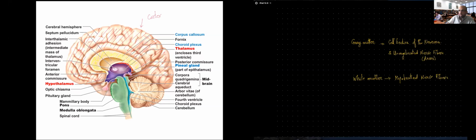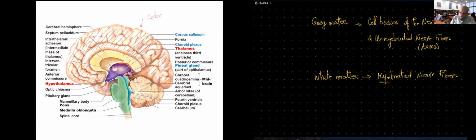And to the inside, what's going to be connecting the right and left cerebral hemispheres is a bundle of myelinated nerve fibers. So it's a white matter, and it's what we call the corpus callosum.